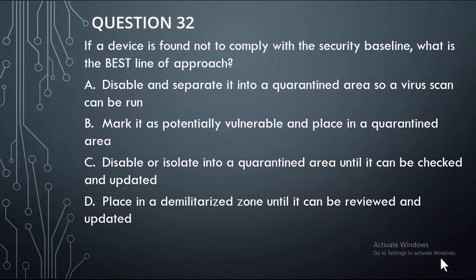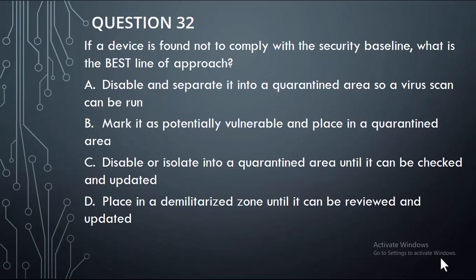Question 32. If a device is found not to comply with the security baseline, what is the best line of approach? A. Disable and separate it into a quarantined area so a virus can be run. B. Mark it as potentially vulnerable and place in a quarantined area. C. Disable or isolate into a quarantined area until it can be checked and updated.